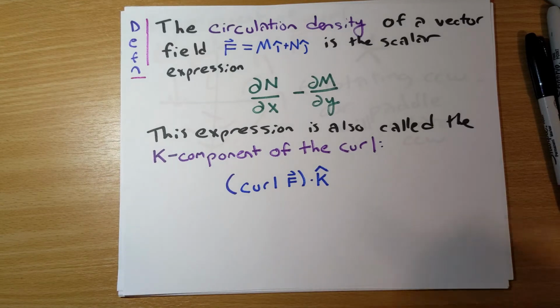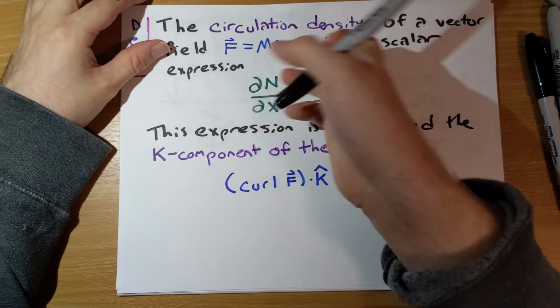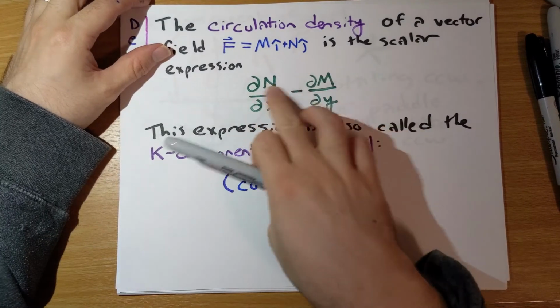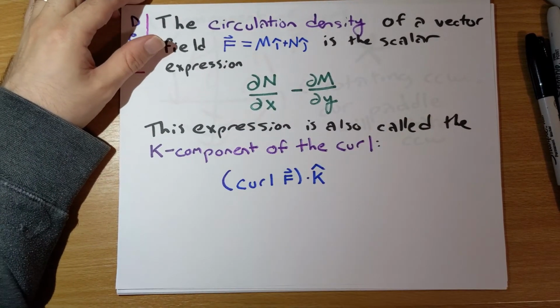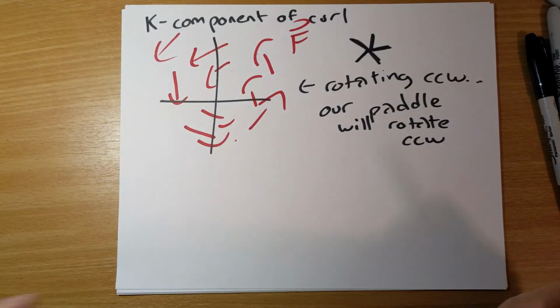We also call this the k component of the curl. We'll do the general version of the curl later on in the last handful of sections. So this is the definition. I just give you a vector field F of two variables, and it's very easy to calculate partial n with respect to x minus partial m with respect to y.